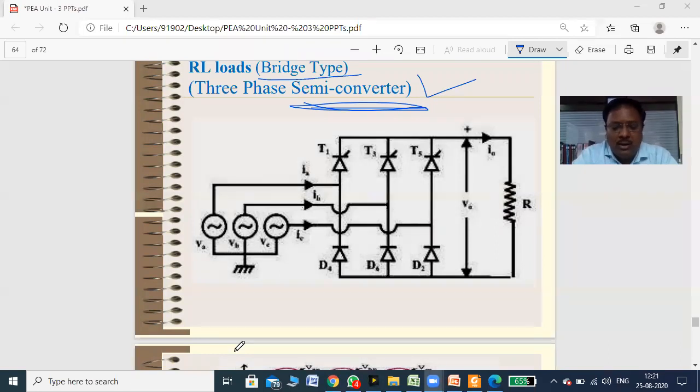So this operation of rectifiers can be realized by replacing half of its thyristors with diodes. Therefore, this circuit of a three-phase half controlled bridge converter contains 3 thyristors in 3 arms and 3 diodes in another 3 arms. It is basically a symmetrical configuration, so a symmetrical half controlled bridge as shown in front of you.